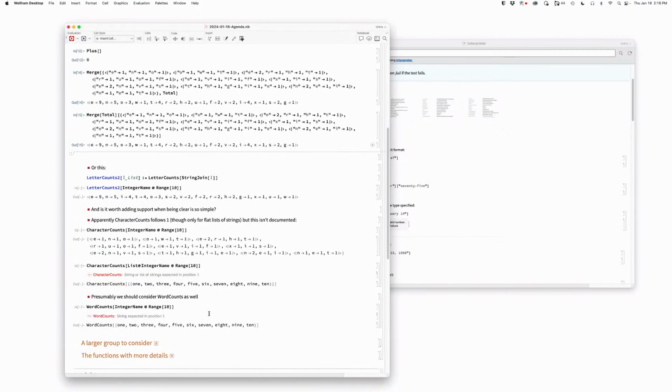So one of these functions, it's not documented, but it actually does this, at least for flat lists. So we could make word counts and letter counts consistent with this behavior and then actually document it. Seems reasonable to me.